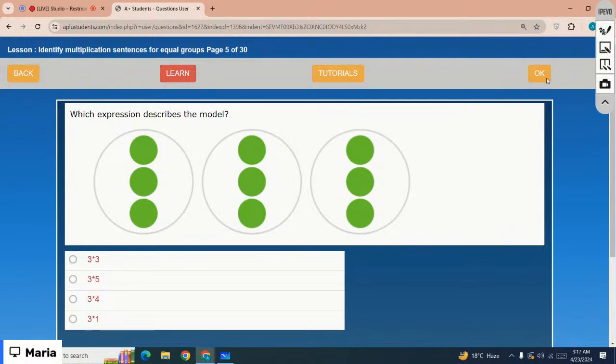Which is the correct option? That is 3 times 3. Option number 1 is the correct option.